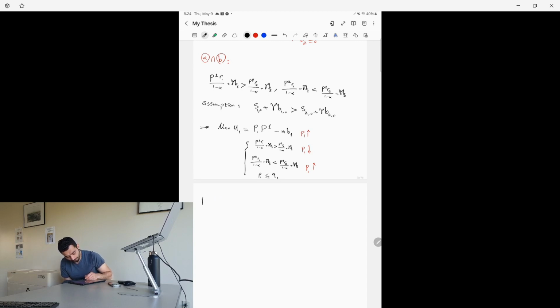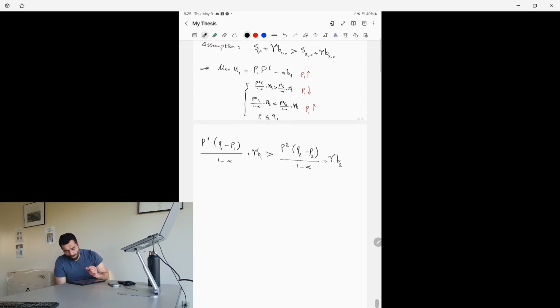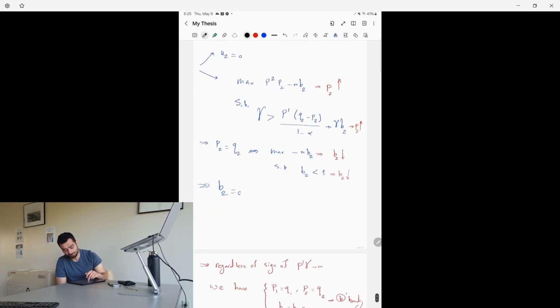So P1 times Q1 minus P1, 1 minus alpha plus gamma B1, then P2 R2 Q2 minus P2. We will set P1 the same as it was here.